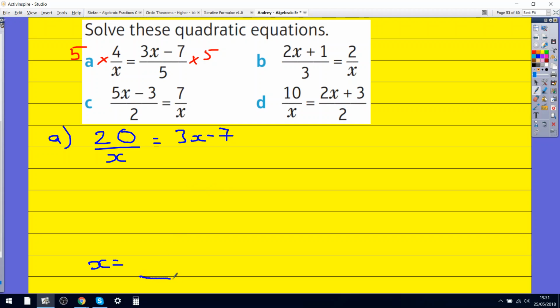So would we take the x on the left and times it by the equation on the right? Yes, you're timesing both sides by x. That's 20 equals x brackets 3x minus 7. And what do you get when you expand that bracket? 3x squared minus 7x. Okay, and what's next?